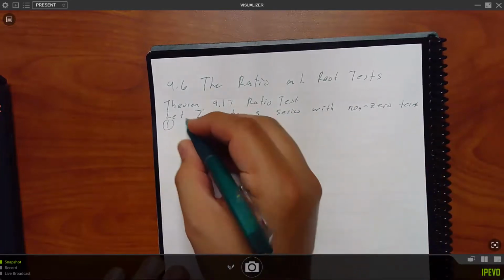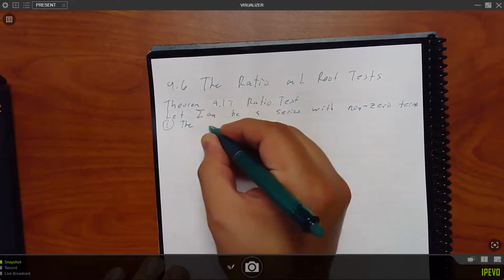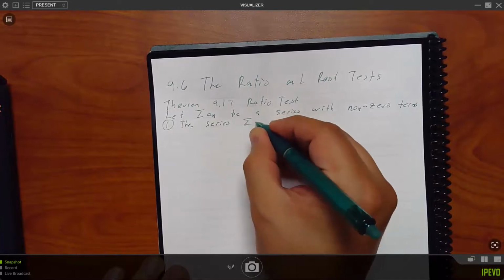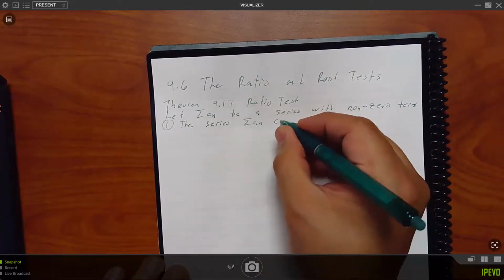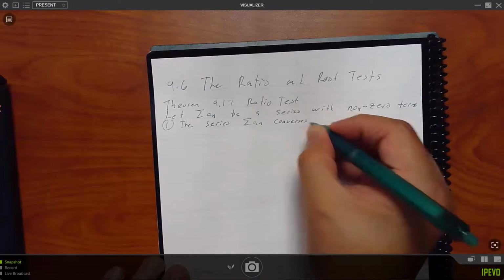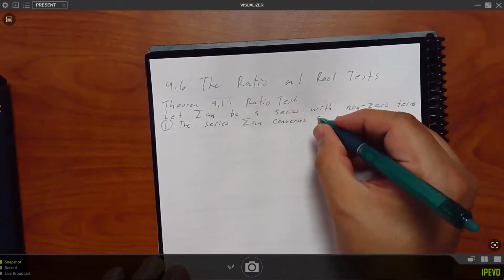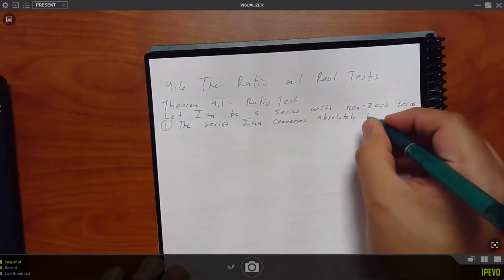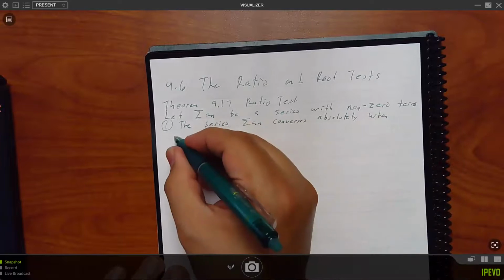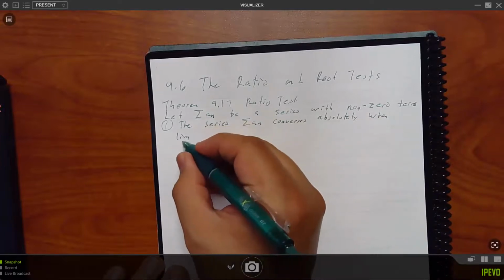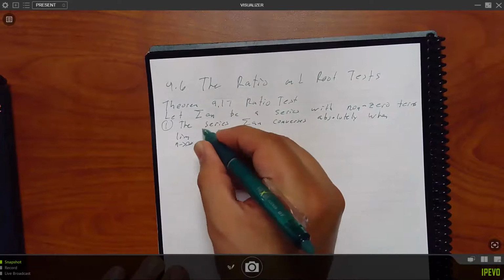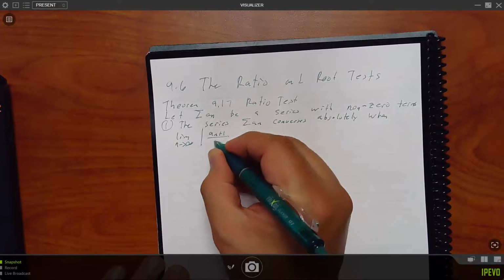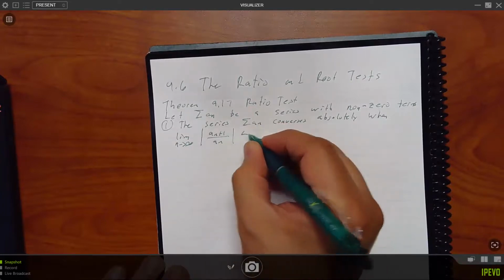Number one. The series of a sub n converges absolutely when the limit as n goes to infinity of the sequence of a sub n plus 1 over a sub n is less than 1.